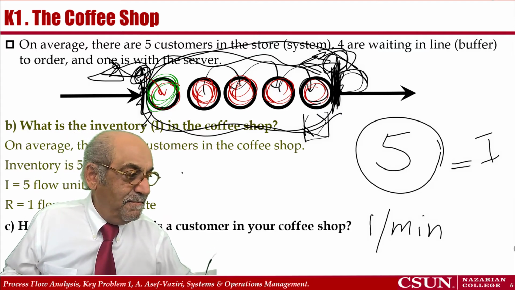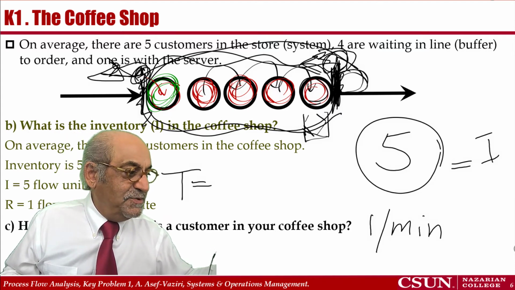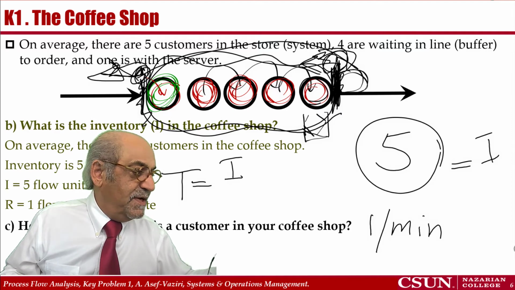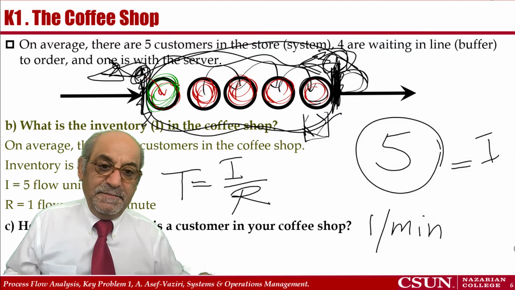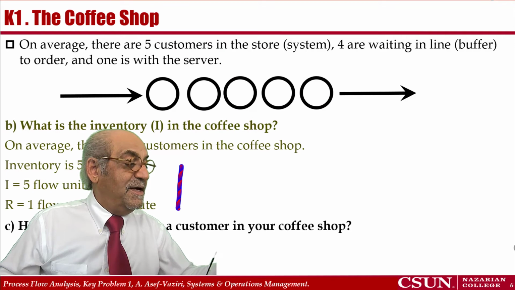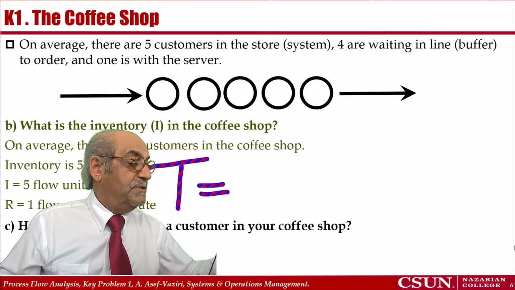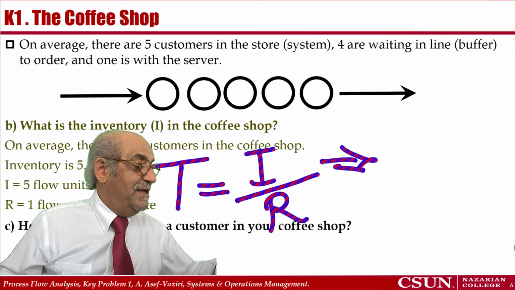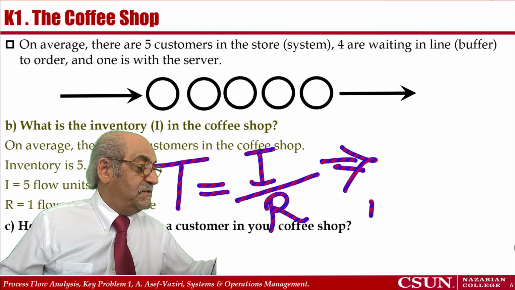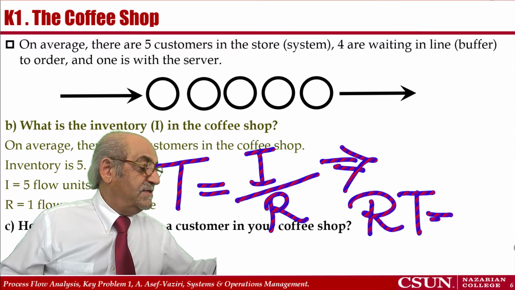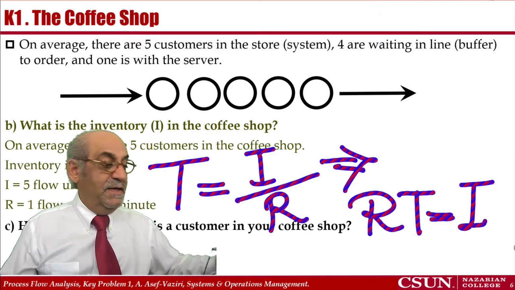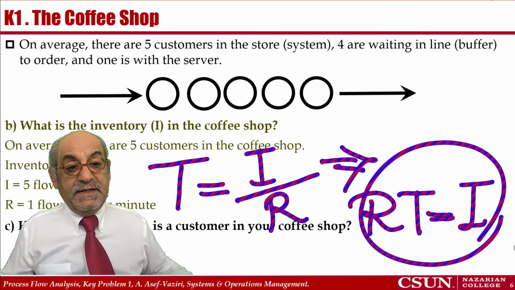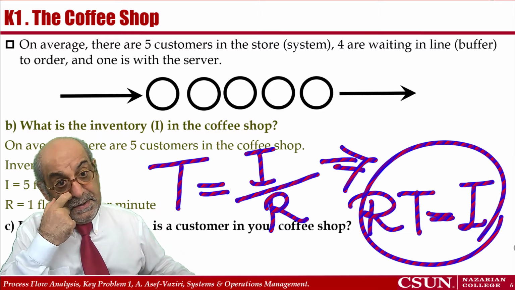Flow time is equal to inventory divided by throughput, and therefore throughput times flow time is equal to inventory, and that is Little's law.